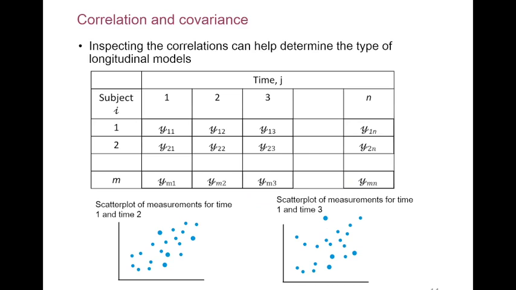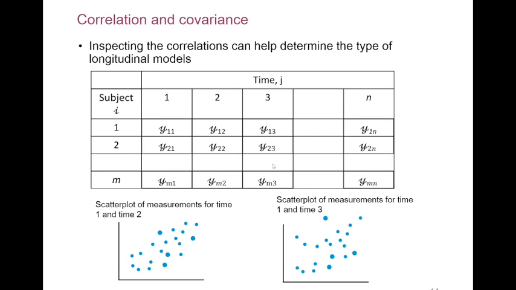And what about correlation? Why do we want to inspect the correlation? Because inspecting correlation can help determine the type of model you're going to use. And again, going back to what the data look like, subject 1 has repeated measures like this, and subject 2, then by time: time 1, time 2, time 3.